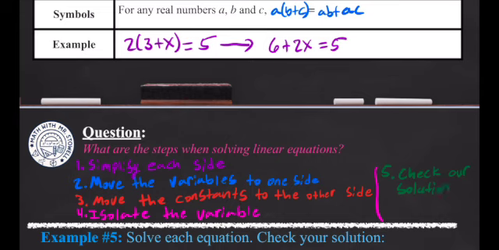So that's our 5-step process. Really just 4. The 5th one is kind of just an extra step just to make sure that we did everything else correctly. Okay, so it's more of a 4-step instead of 5-step. And you could argue that step 2 and 3 could be done at the same time as well.